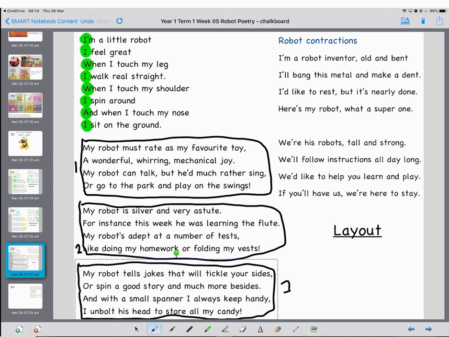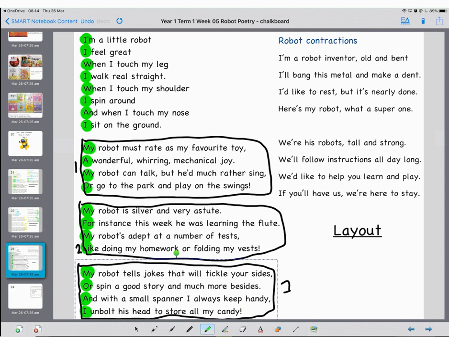And then also, there is the same pattern of capital letters at the start of each line. So we've got my, a, my, or, my, for, my, like my, or, and, I.